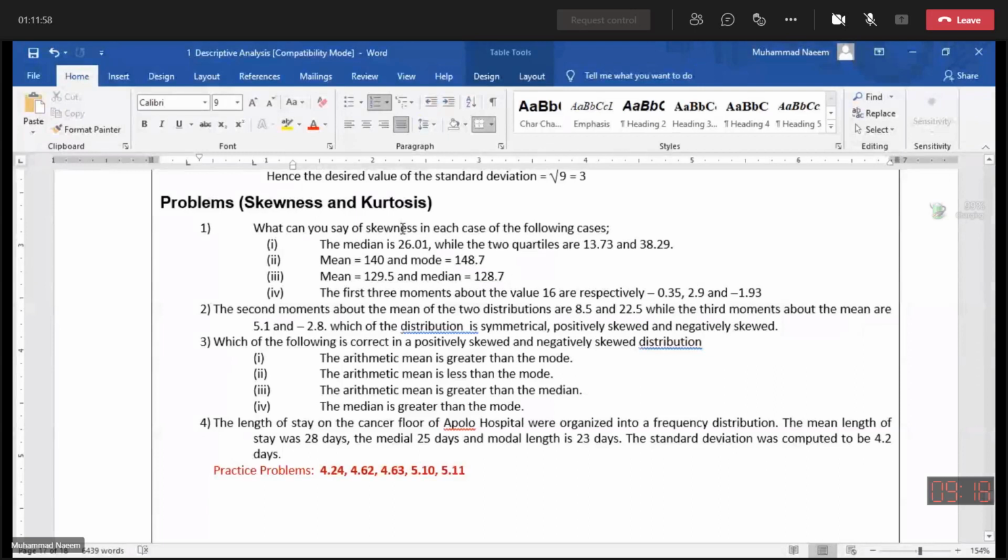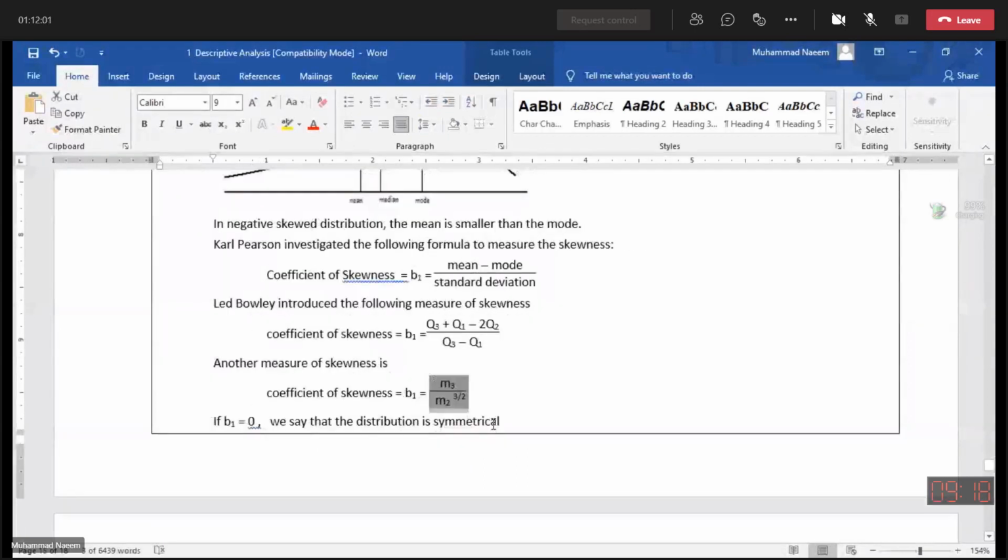In the numerator, we have used the third moment about the mean, and in the denominator, the second moment about the mean is used. Remember, the second moment about mean is the variance, and variance is always positive. This means this ratio is decided, either 0 or negative or positive, just on the basis of M3.